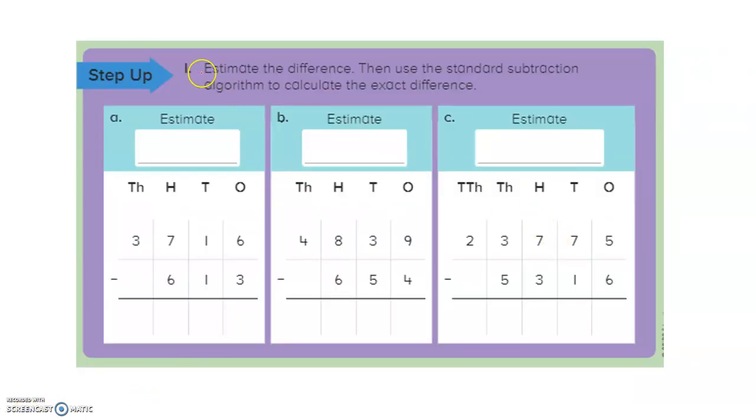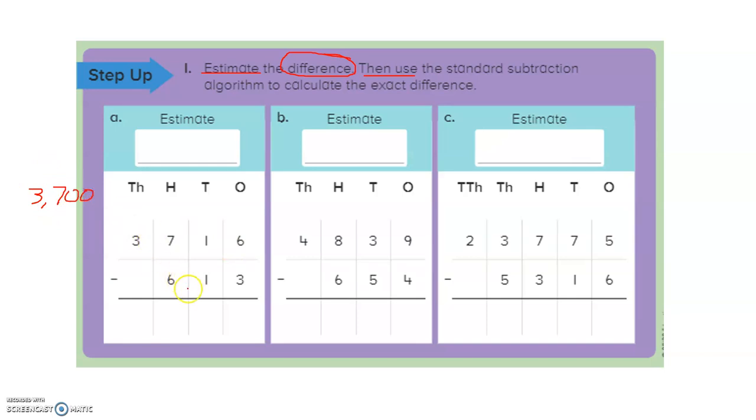Okay, so estimate the difference. Remember, we are subtracting, it's difference. Then use a standard addition algorithm. So let's estimate. 3,716, let's just bring that to 3,700.